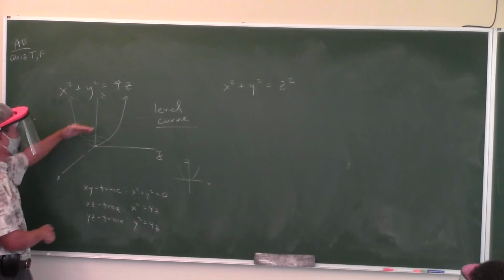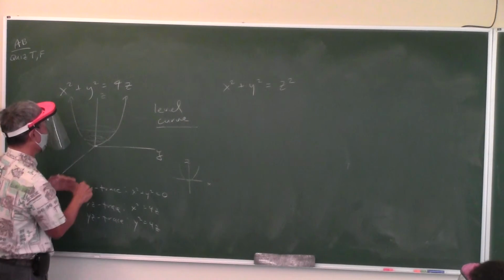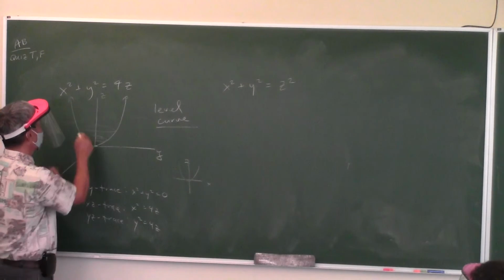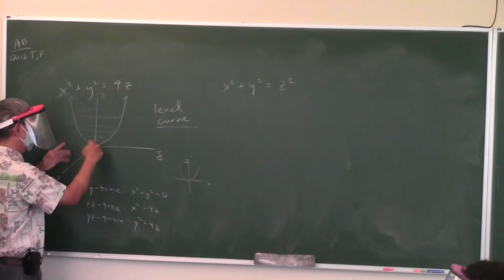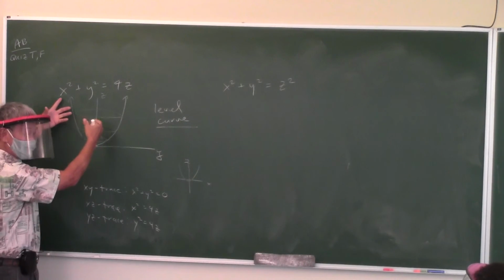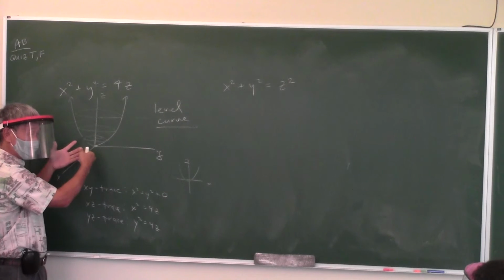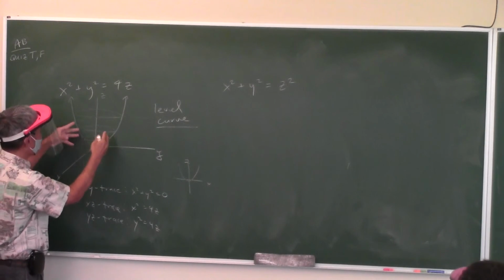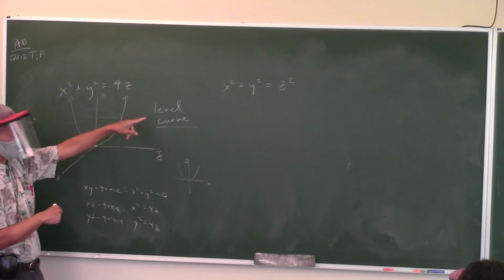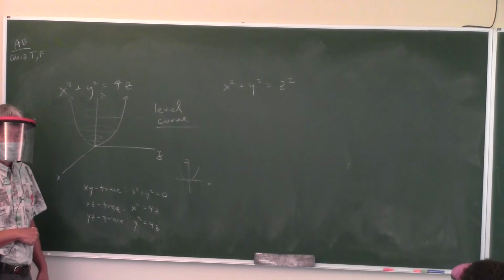You get a circle of radius 3. What happens when you plug in 4 for z? Then you get a circle of radius 4. So you can see that these level curves are all circles, the radius getting bigger, but not at a uniform rate. That's why it's a paraboloid as opposed to a cone.